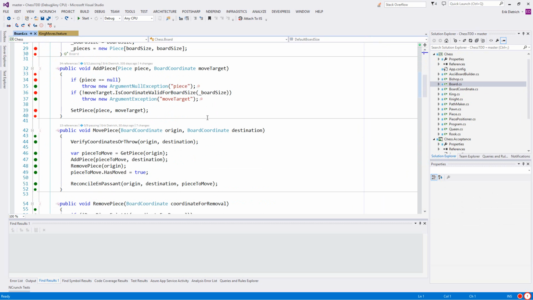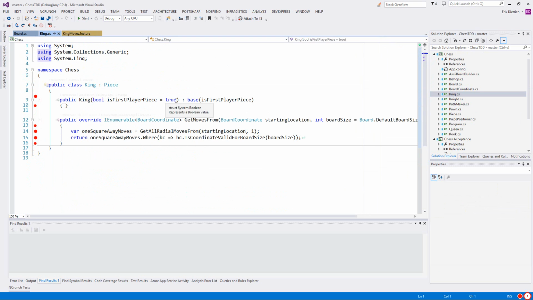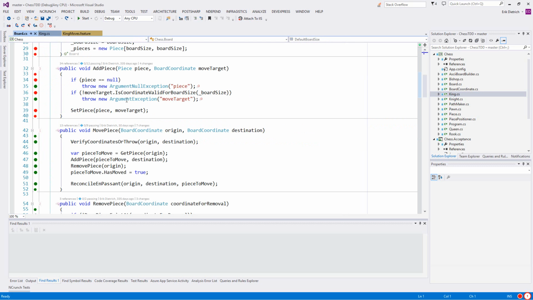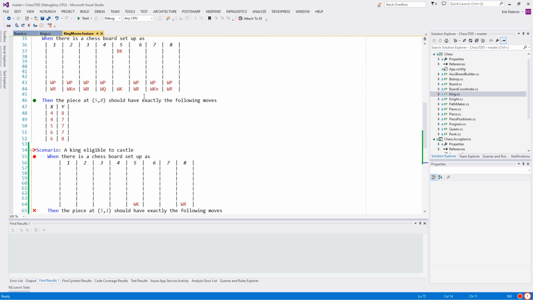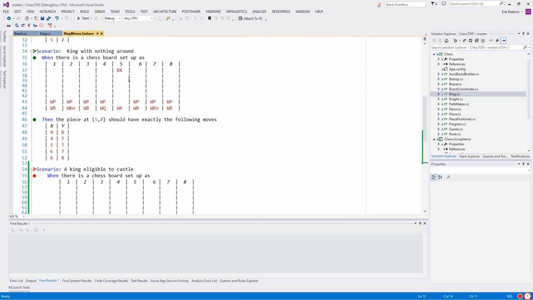I gave a little thought as I was doing this, and it distracted me a little bit, maybe slowed me down. But the castle is a unique move in all of chess because two pieces move. It's the only time that happens. So why is it the king moving to 1-7 and not the rook moving to 1-6?